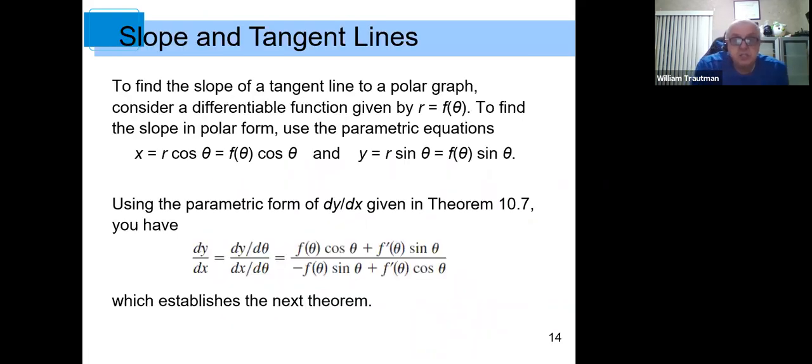All right, let's do slopes of tangent lines. We should write down this formula. It's the same thing from parametric equations, kind of. dy/dx: take the derivative of y with respect to theta, take the derivative of x with respect to theta, and they show, use these formulas, f of theta cosine theta plus the derivative of f times sine theta, and negative f of theta sine theta plus the derivative of f times cosine theta.